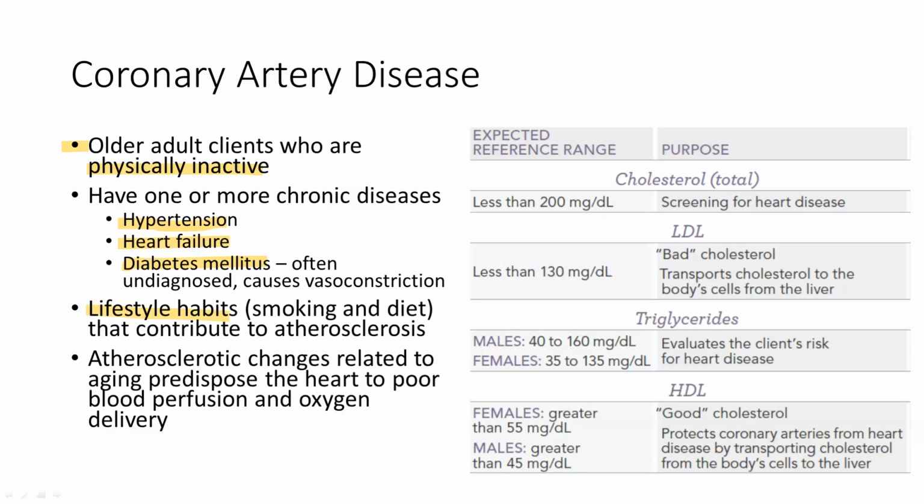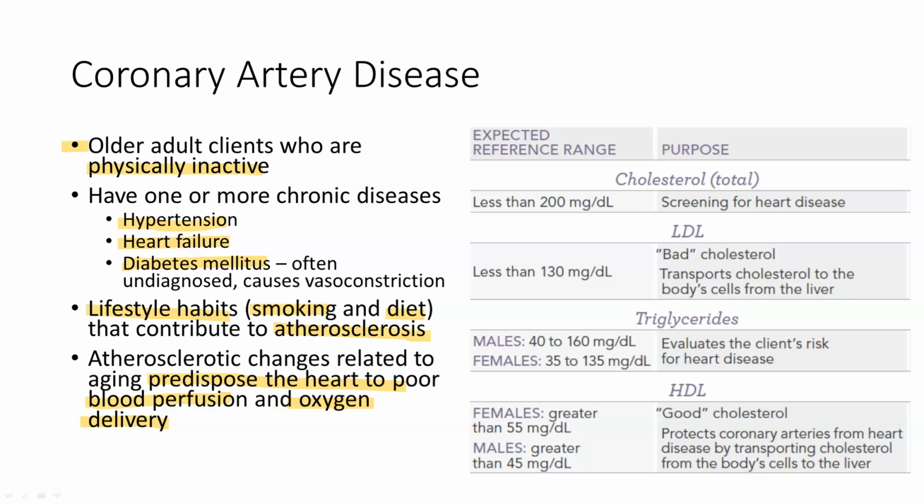Lifestyle habits, especially smoking and diet, are probably the biggest contributors to the development of coronary artery disease or atherosclerosis. And then sometimes it's just luck of the draw. I have poor genetics. I have a predisposition to issues with the accumulation of plaque, which are going to affect perfusion and the ability of the heart to deliver oxygen.